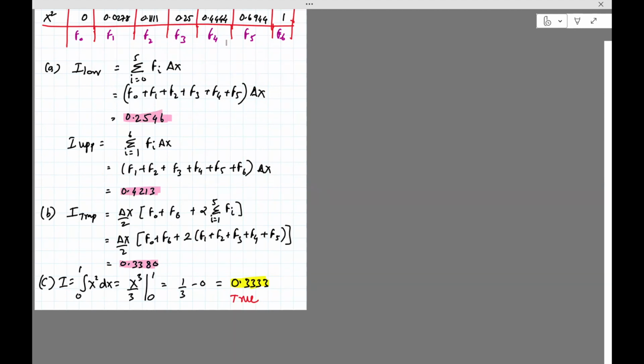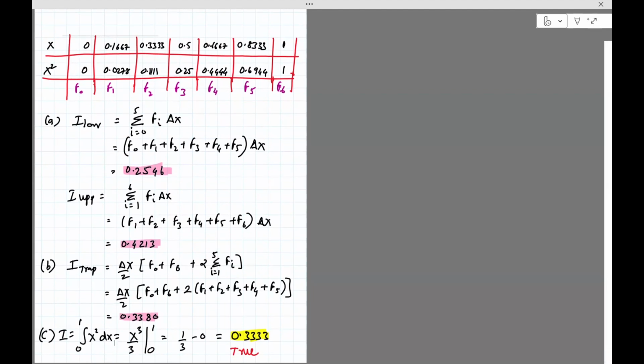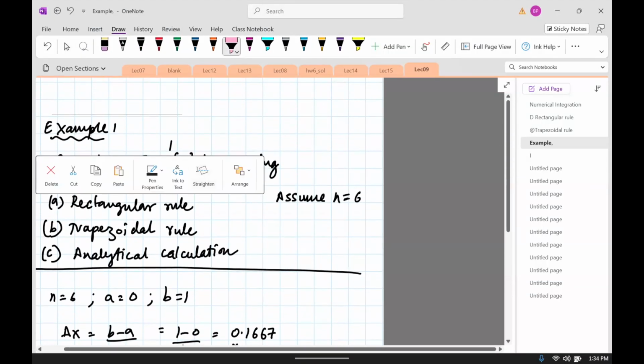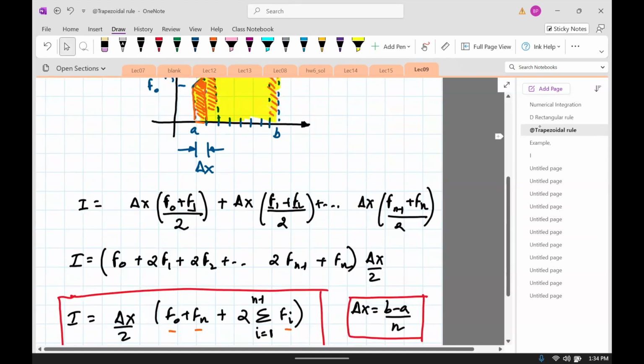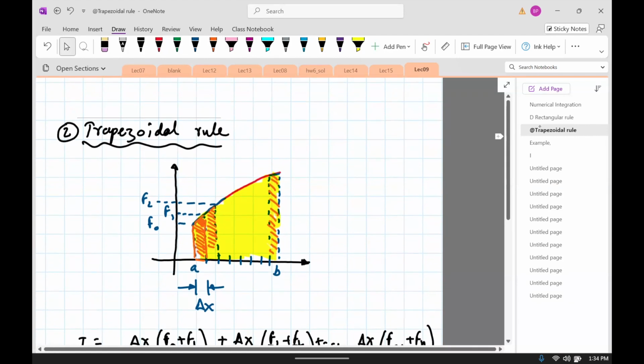Okay, so the reason why trapezoidal rule sort of fails in this case, well, there's no reason why it shouldn't fail, right? But the reason why it could fail is because if you look at this integral, it is x square. We are asked to compute x square. And what the trapezoidal rule does, it basically approximates the points with a straight line.